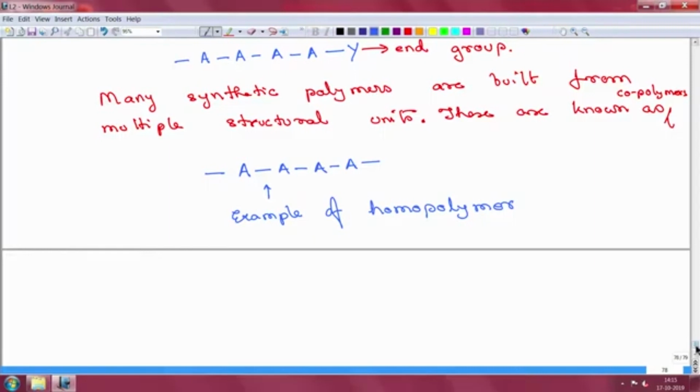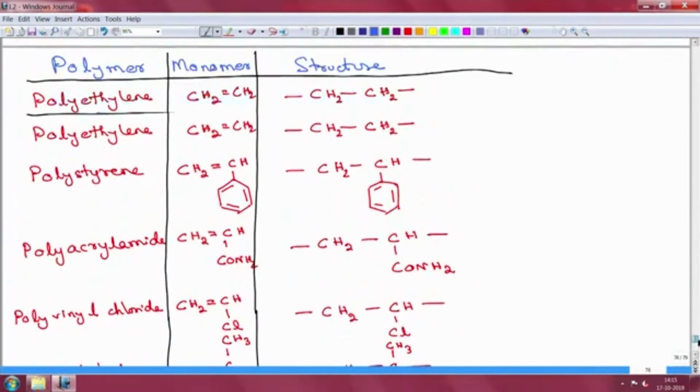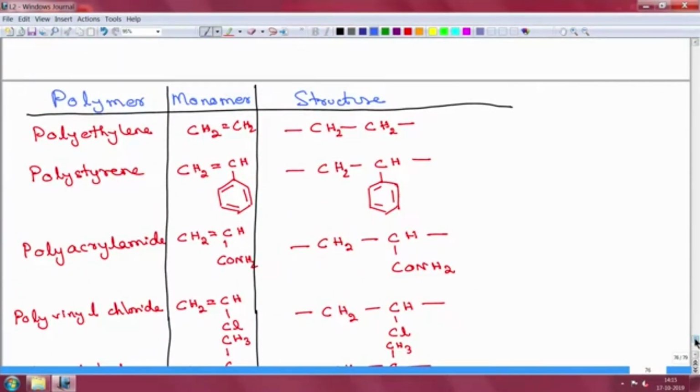All the examples that we just did are homopolymers. So, maybe you will just make a note: these are homopolymers.